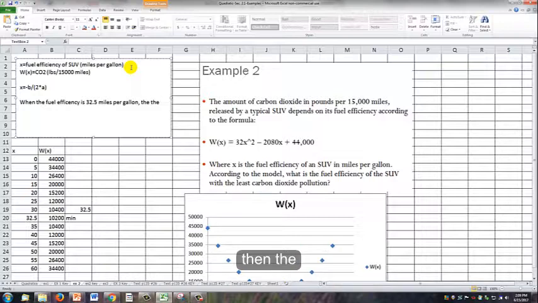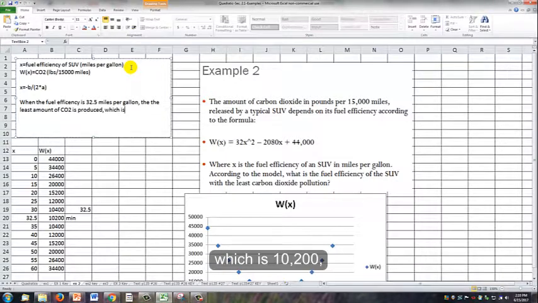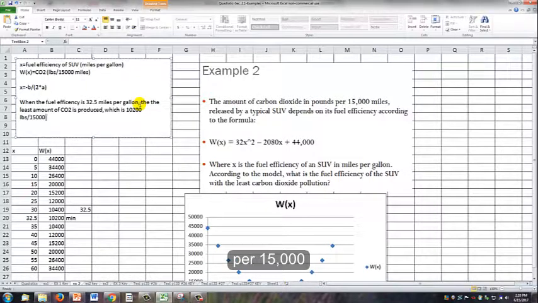Then the least amount of CO2 is produced. And I didn't ask you, but if you were asked, you could write the answer, which is 10,200. And I'm looking right here at my dependent variable units, and I know that it's pounds per 15,000 miles.